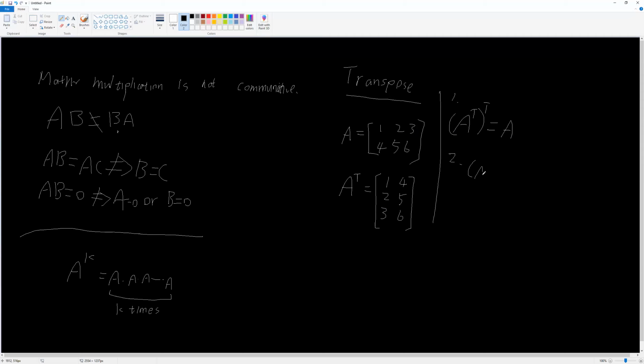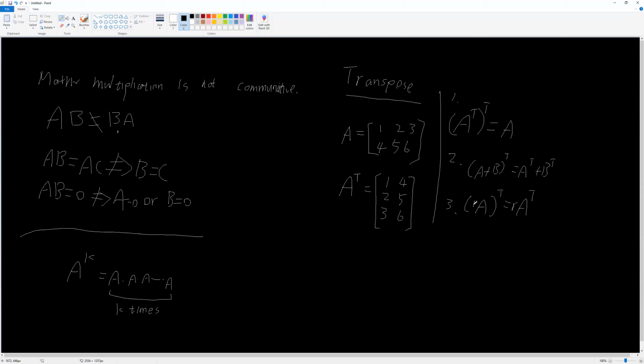Number 2, A plus B transpose is equal to A transpose plus B transpose, right? That's pretty straightforward. A simple proof can show you that. 3, R A transpose is equal to R times A transpose, right?